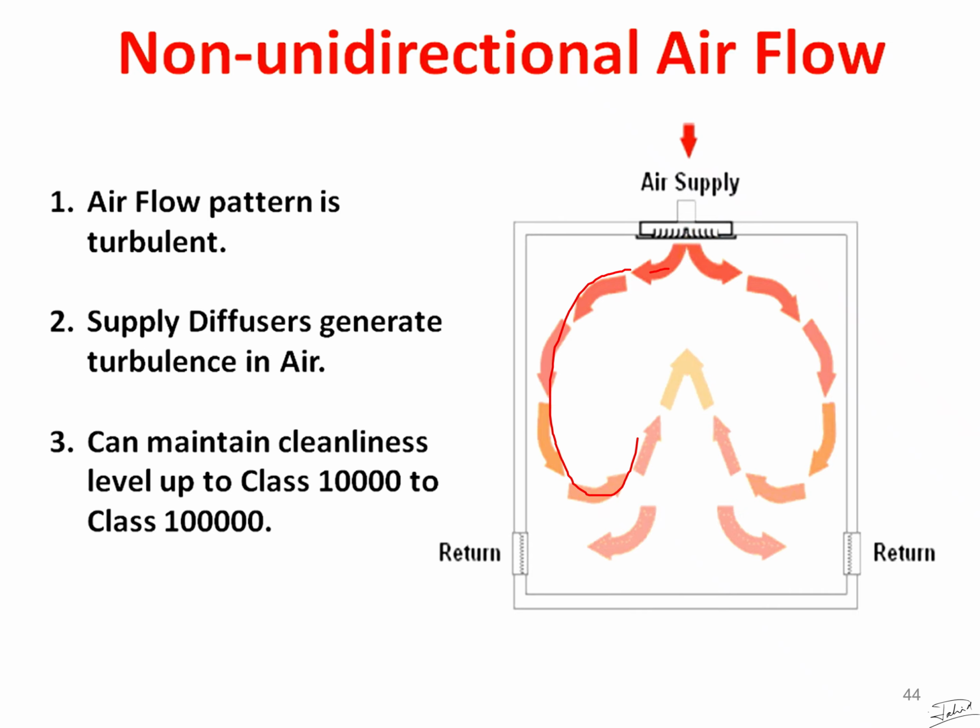This is going there, this is again coming upward, going below, coming upward, some air is going here. Non-unidirectional airflow pattern is turbulent. Supply diffusers generate turbulence in air, and can maintain cleanliness level up to 10,000 to 1 lakh area. This is usually used for warehouse area or QC area like that, where air control is not necessary.